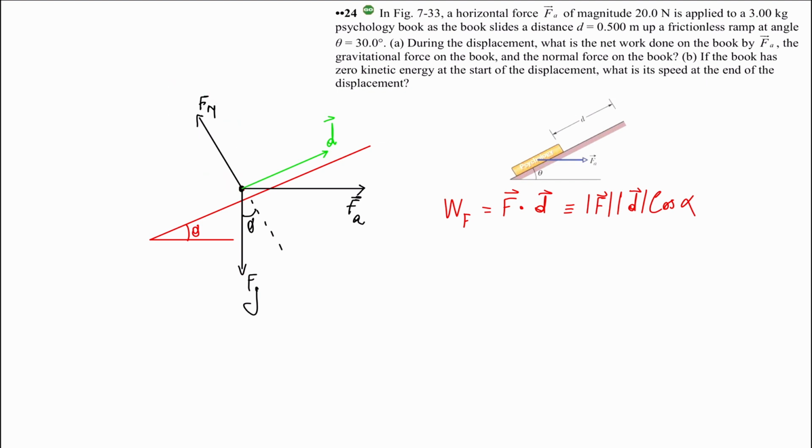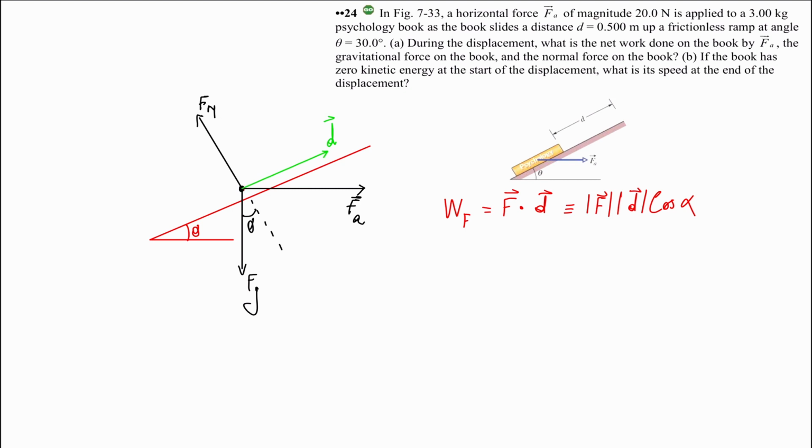So let's consider the work done by the normal force. Let's start off with this approach, in other words, we're going to use this part of the dot product. So what do we need here? We're going to need the magnitude of the normal force, the magnitude of the displacement vector, and the angle between the two. Notice here they are attached tail to tail.